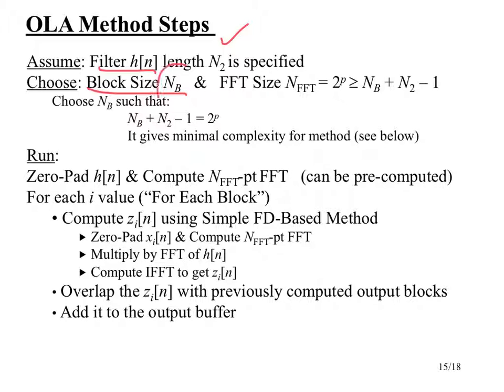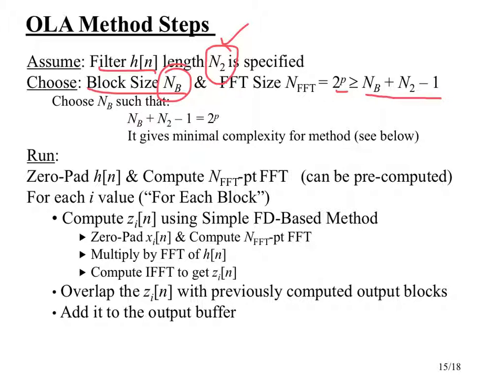So we've got NB as our block size. That's like our input size. That's playing the role of N1 from our earlier discussion. N2 is our filter size. So we need to look at NB plus N2 minus 1. That's the smallest that I can make my FFT. Now FFTs work best, as we'll see, with the standard algorithms anyway, when their length is a power of 2.